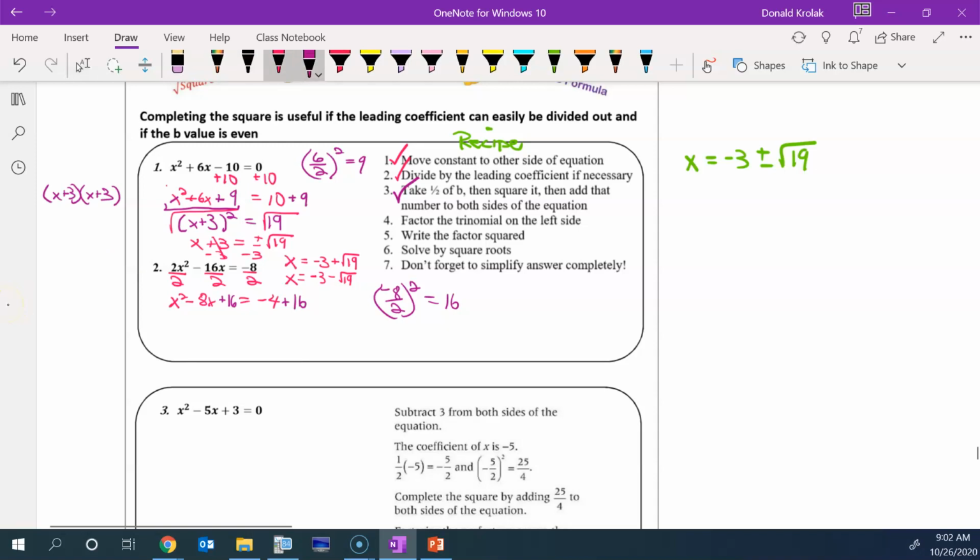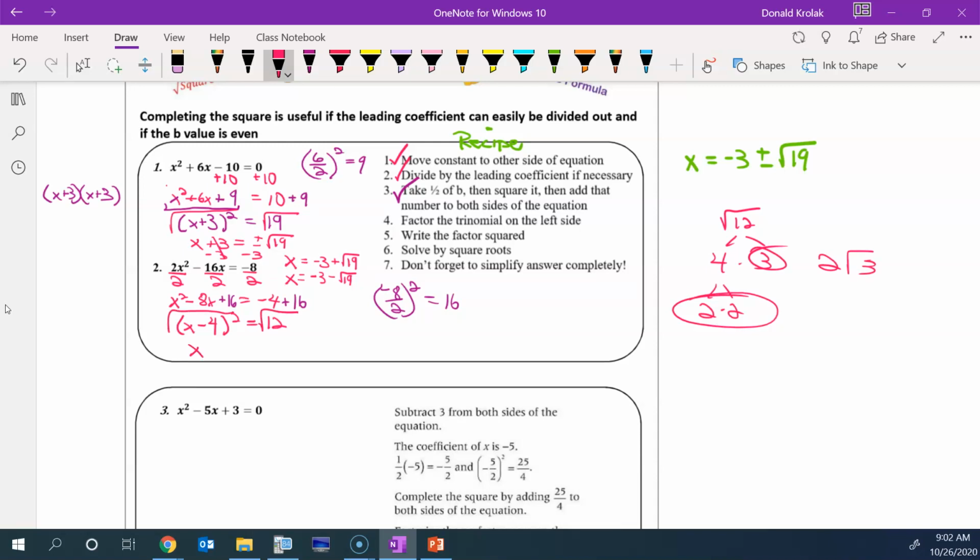So this is automatically going to be x minus 4 times x minus 4. Then the square root of 12. x minus 4 equals plus or minus 2 root 3.